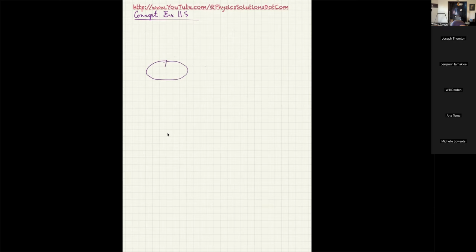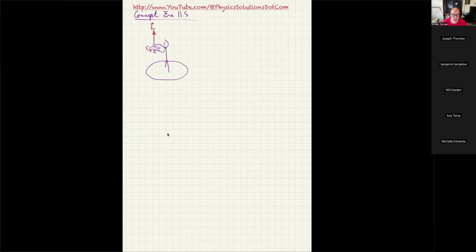And standing on this disc is a teacher. And the teacher is holding, and evidently has a really long arm, this wheel that happens to be rotating in this direction. According to our right hand rule, that means the angular momentum of that wheel is L, and it points up.